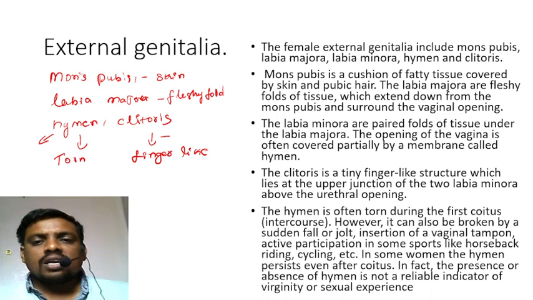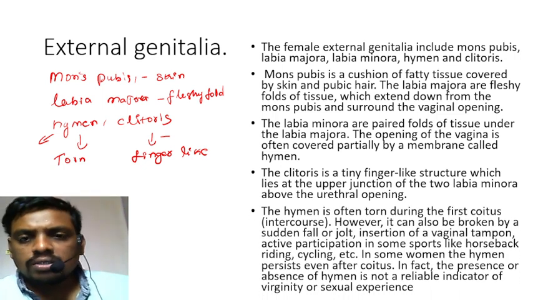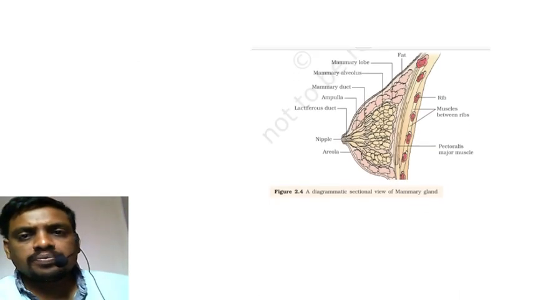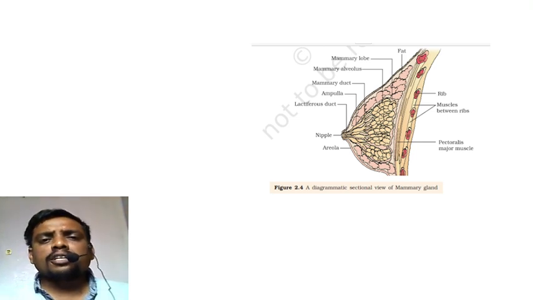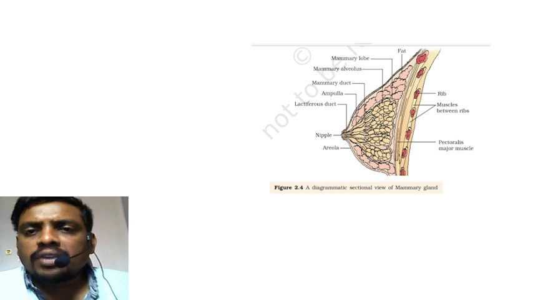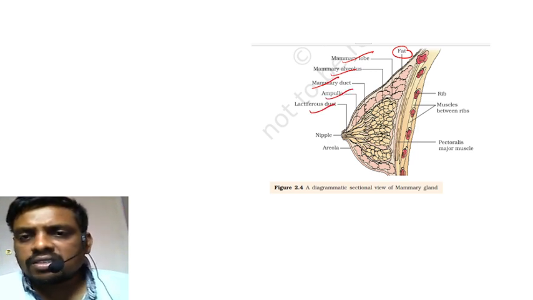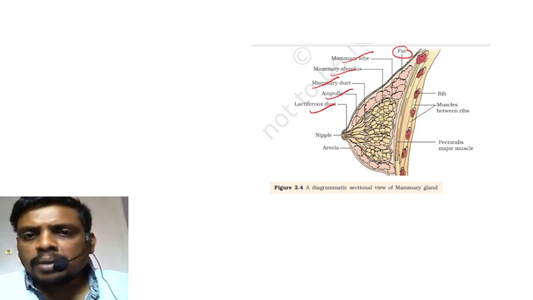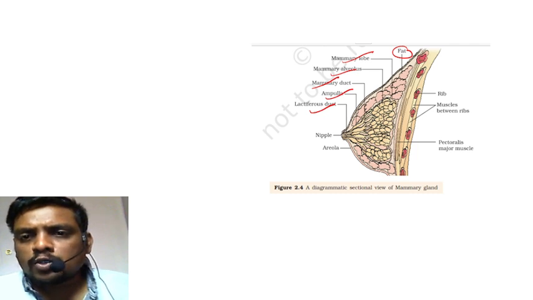You can see the diagrammatic representation of the mammary glands here. The mammary gland is made up of fat, mammary lobe, mammary alveolus, mammary duct, ampulla, lactiferous duct, and you can see the mammary gland attached to the rib, the muscles between the ribs, and the pectoralis major muscle.